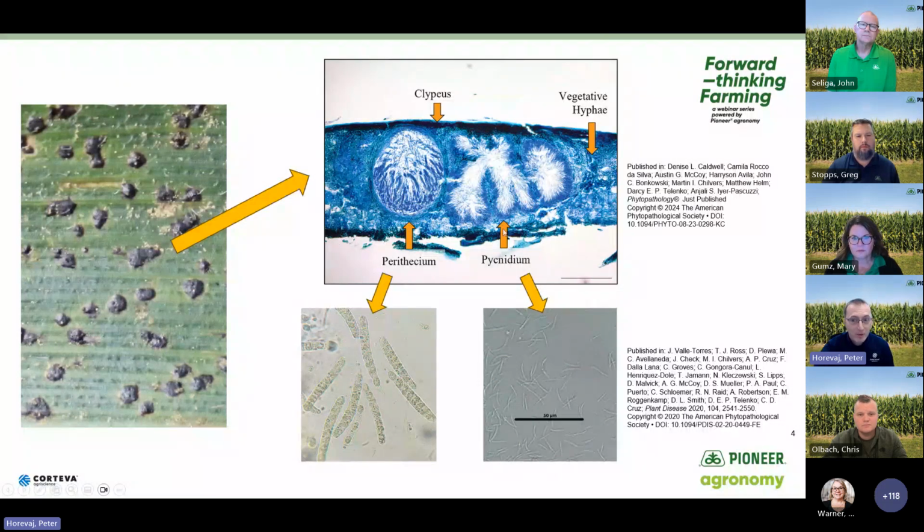So basically the pathogen is there, and in terms of the spores, there are two fruiting types of bodies. It can be either the perithecia, which is the sexual stage of the fungus, and there you can find the ascospores that are here on the left, or you can have pycnidia, that's another type of sac containing the spores, and those are the asexual spores.